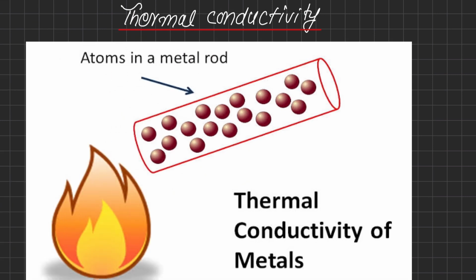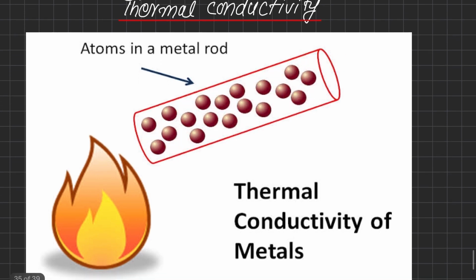The next prominent property of metals is thermal conductivity. If we heat one side of the metal, we can sense that heat at the other side. The reason is that the pool of electrons absorbs heat and their kinetic energy is increased, and they give this kinetic energy to neighboring electrons, so these electrons move, and as a result of their movement, the heat is transferred to the other end of the metal part.